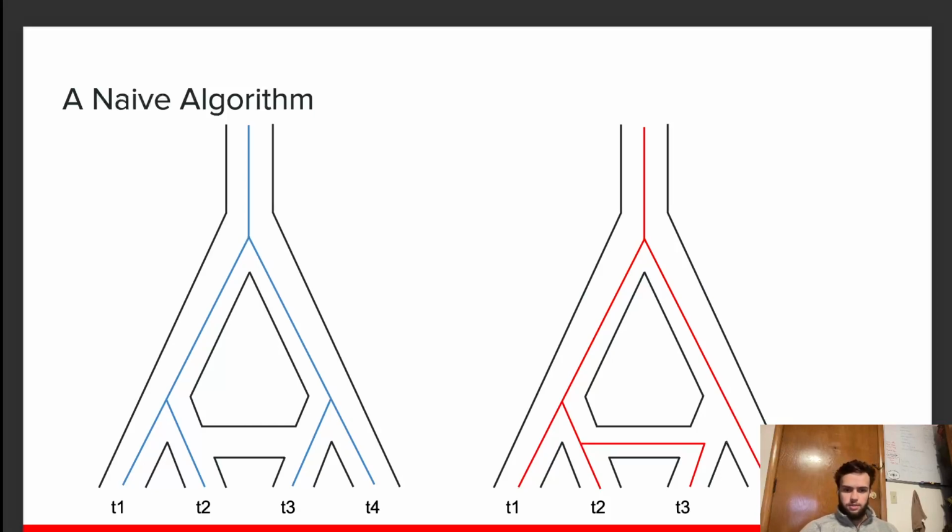And if they do have some horizontal event signal, we would expect them to be more similar to the tree on the right here. And we have plenty of different distance metrics in phylogenetics. And so a first naive approach could be looking at these displayed trees and just placing a gene tree, saying that it comes from whichever one of these it's closer to. So if it's closer to the species tree on the right here, we would say that it has signal from the horizontal event. And if it's closer to the one on the left, we would say that it does not have signal from the horizontal event.